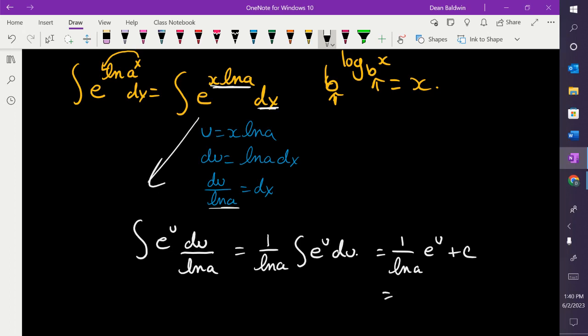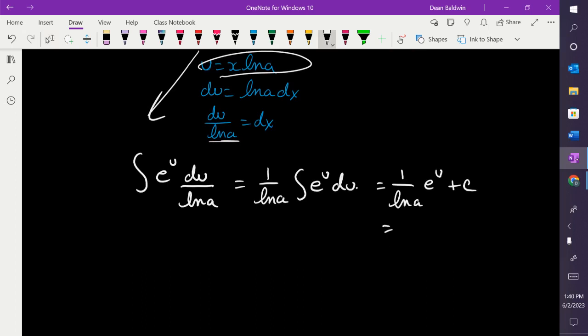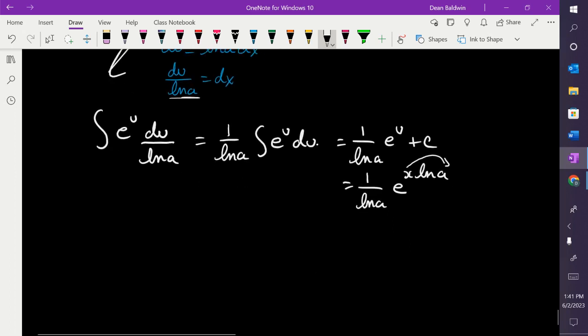Put back in our u, which was x ln of a. So e to the x ln of a. I'm going to move this back up there. There's a plus c there. So you get 1 over ln of a times e to the ln of a to the x plus c.